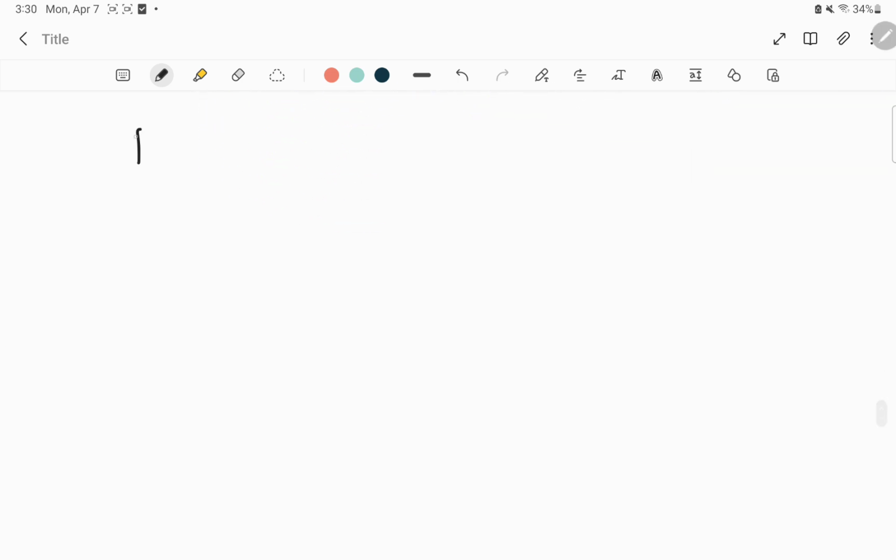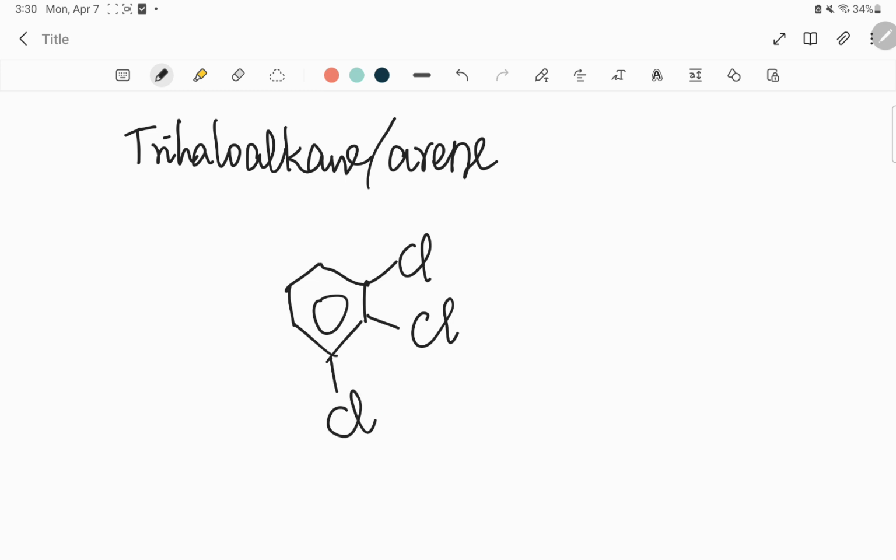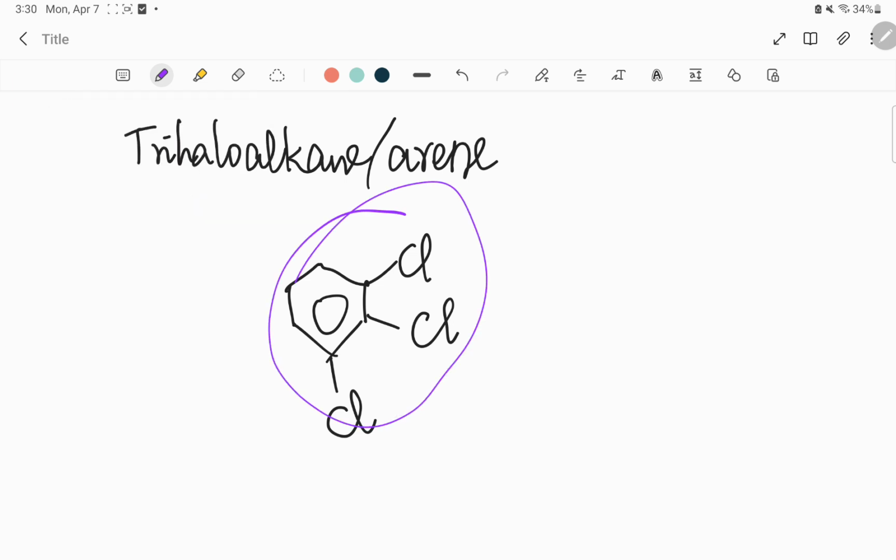Now the third one is trihaloalkane or trihaloarene. So if there are 3 halogens, then it will be referred to as trihaloalkane or trihaloarene. So let's say if I take benzene 1,2,3-trichlorobenzene, this is an example of a trihaloarene.